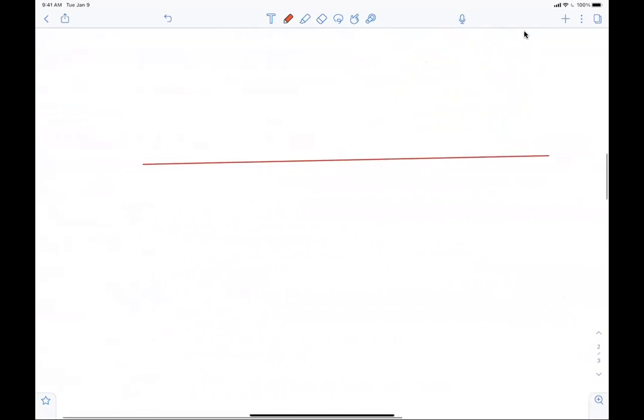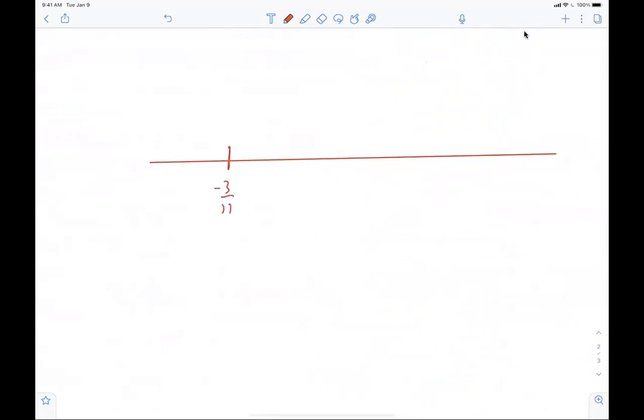All right. Here is negative 3/11, correct? Then this would be negative 2/11, negative 1/11, 0 out of 11, 1 out of 11, 2 out of 11, 3 out of 11. Uh-oh. And I'm going all the way to what? Thank you.